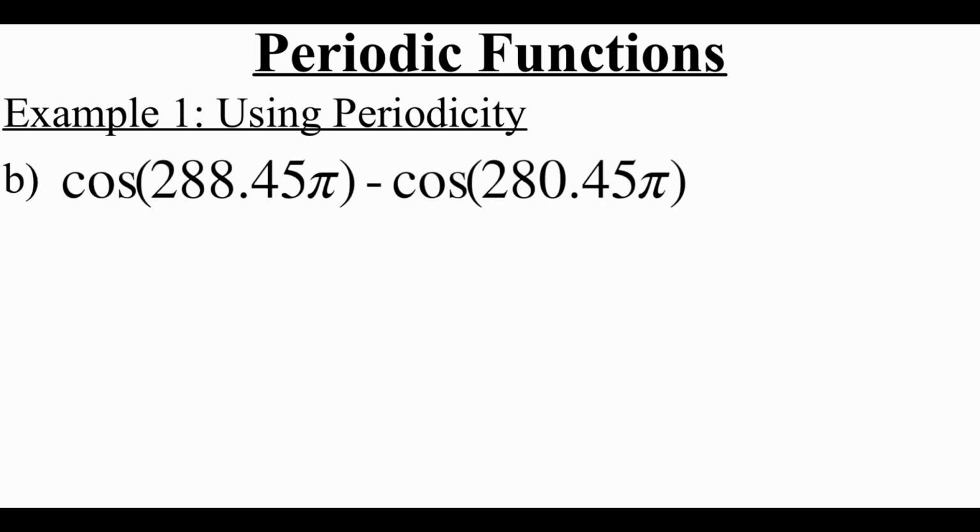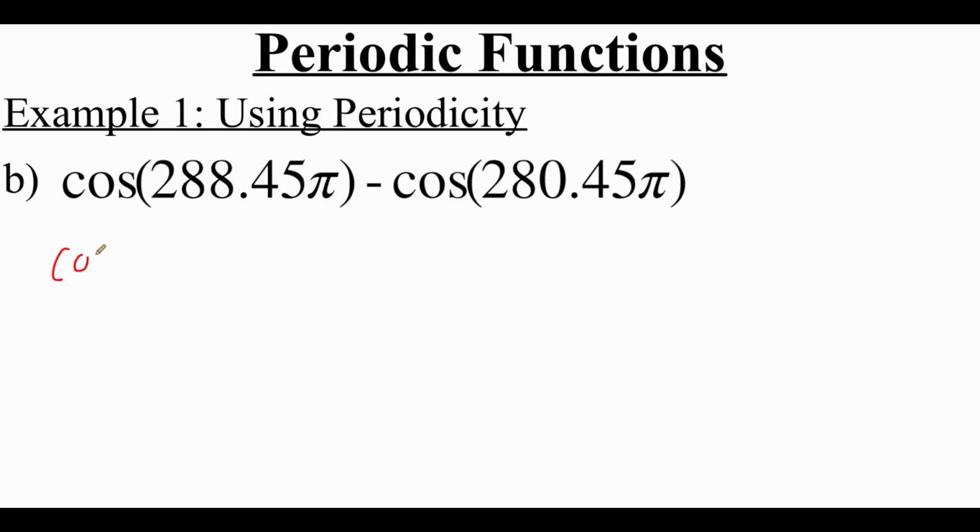Now here we've changed up the example a little bit, but we're going to use the same idea to help us out. We're looking at the cosine of 288.45 pi minus the cosine of 280.45 pi. If we look, these numbers are very similar to each other, but that first one has an extra 8 pi in there.